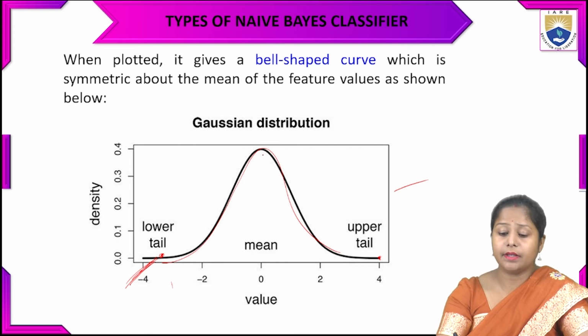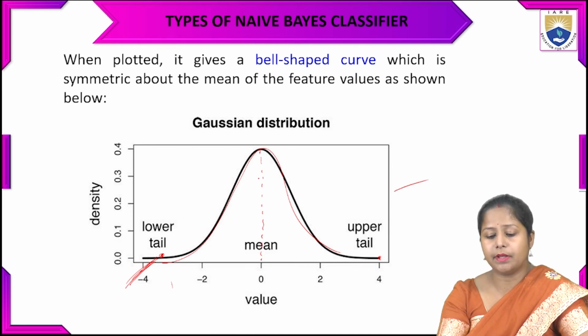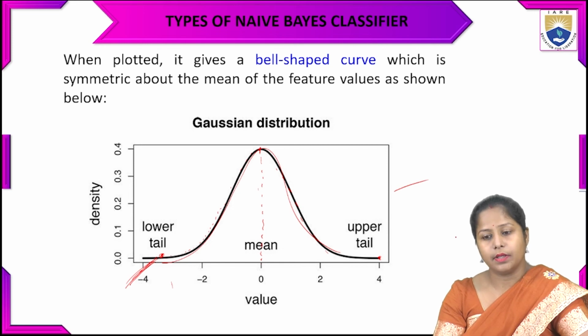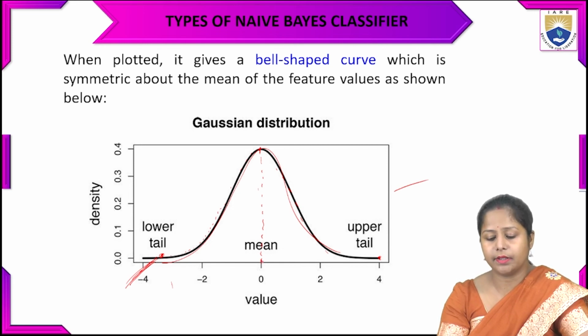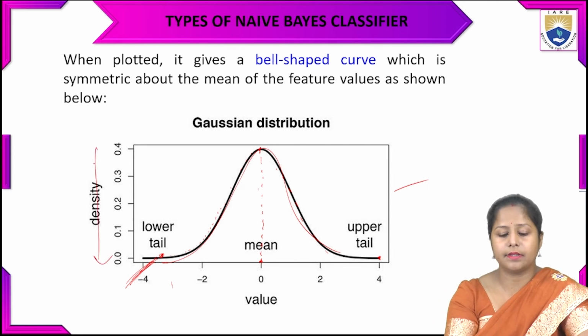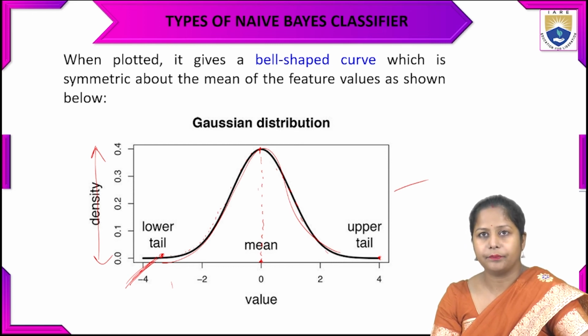In between, it makes the bell-shaped curve. These are the data points plotted over there, which make this Gaussian, the bell-shaped curve. Somewhere there will be the mean, and on this side is the density of that particular event.